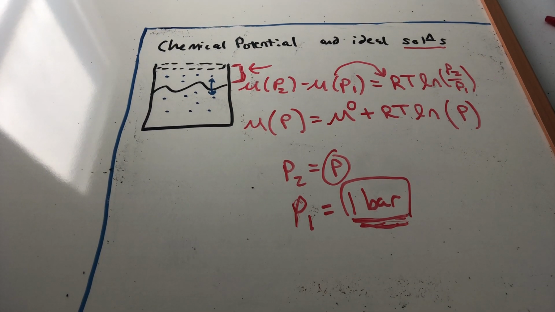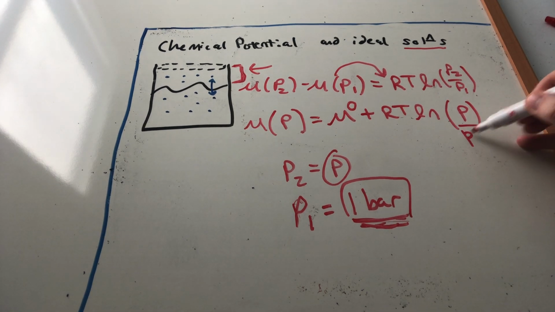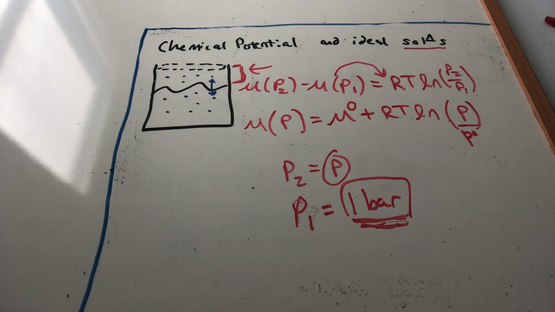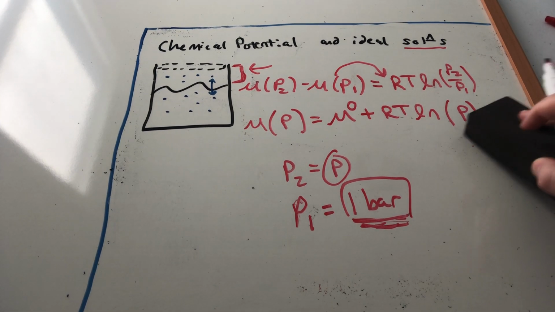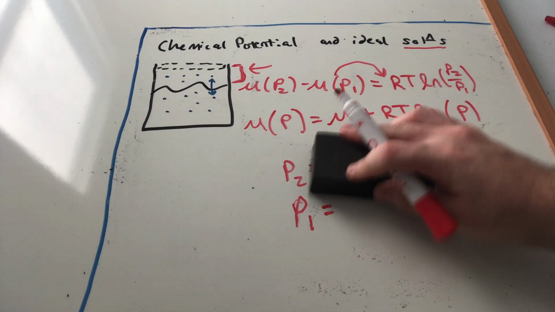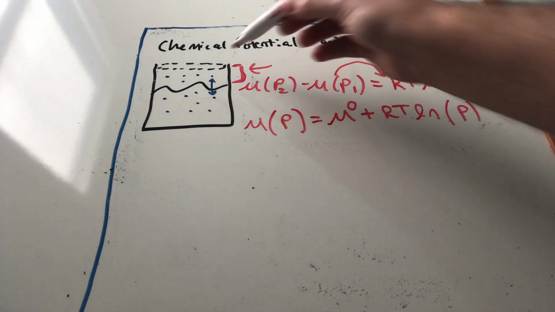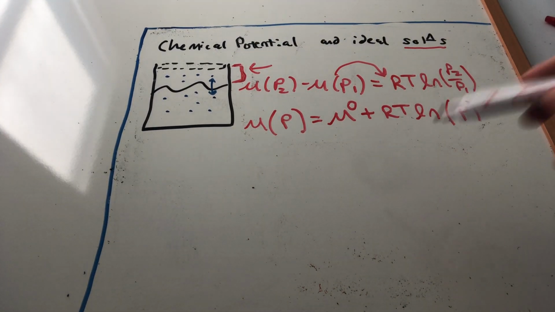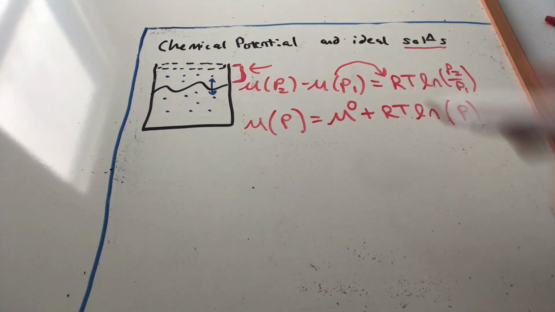And like I said, we did this before. We might have written this as over P naught when we did it for Gibbs energy, but I'm going to just leave that out because that gets cumbersome to keep writing. We know P naught is there. We know that 1 bar is there, but dividing by 1 doesn't change mathematically what this value is inside the natural log. So this describes the chemical behavior of the vapor.